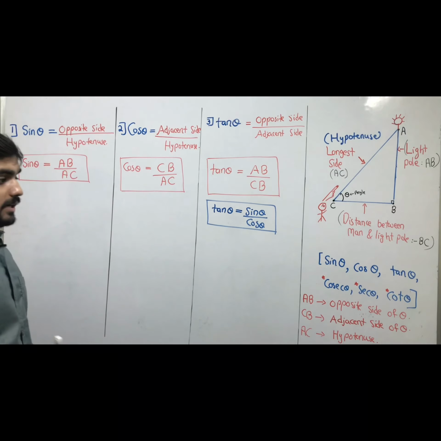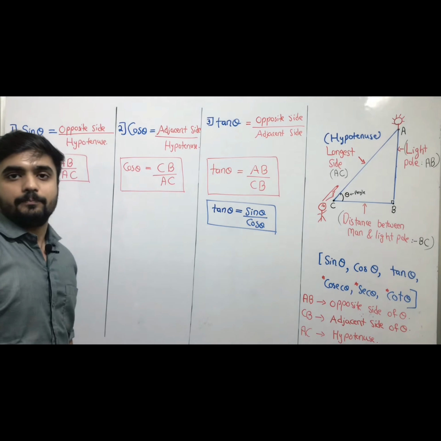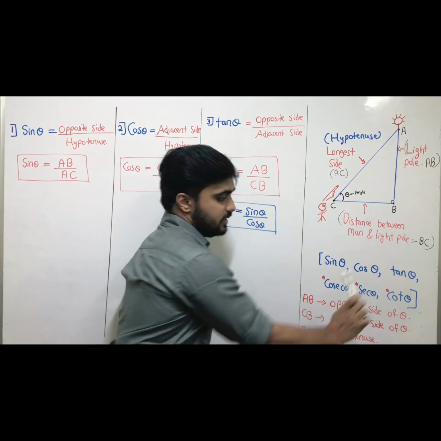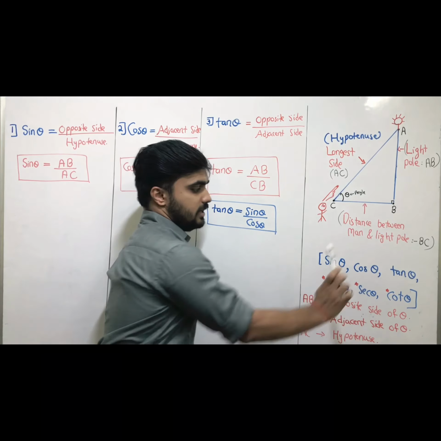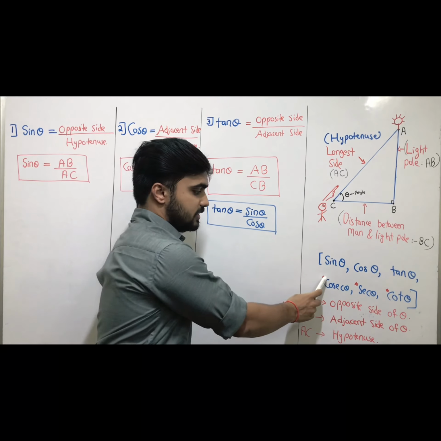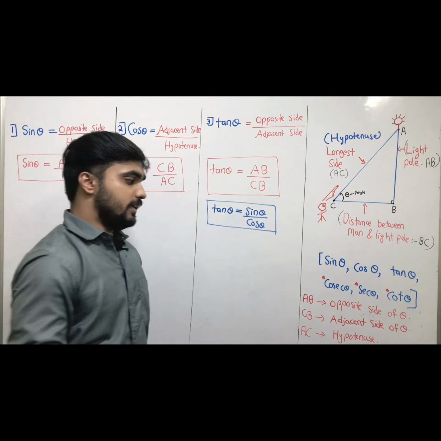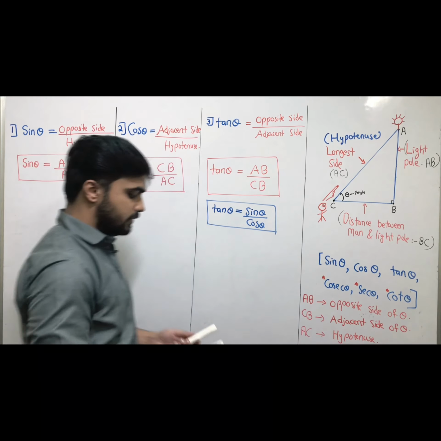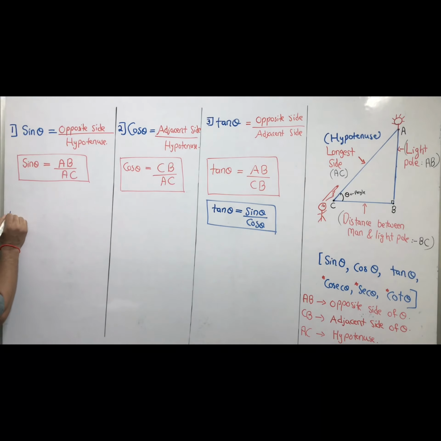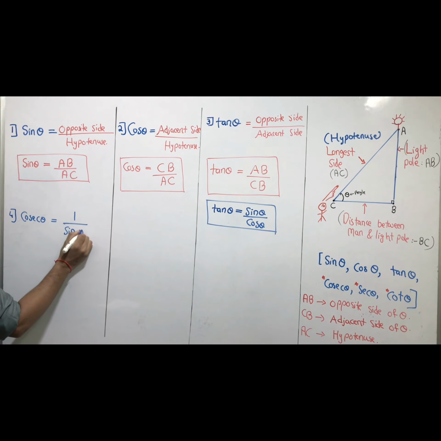So our next trigonometric function is cosec theta. Okay, so these three functions are inverse of these three functions. So I have done star mark here. So we can say that cosec theta is inverse of sin theta. That is, cosec theta is 1 by sin theta. Okay, so I can write it is equal to hypotenuse upon opposite side.